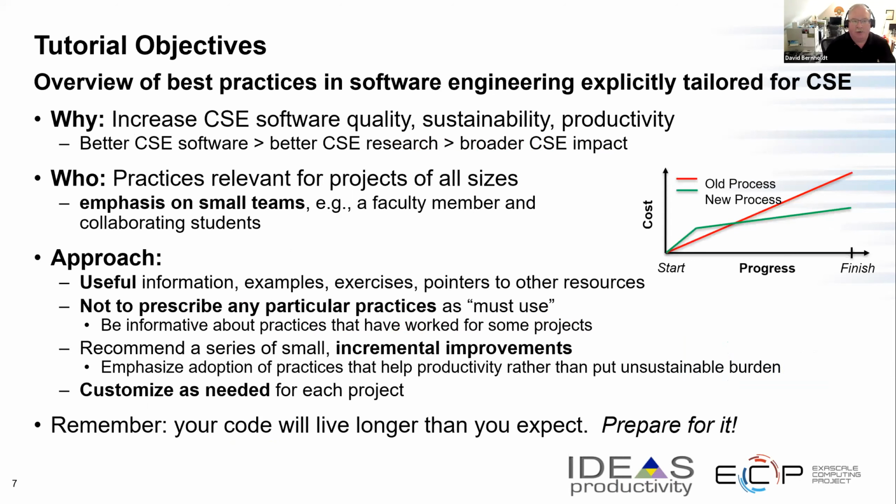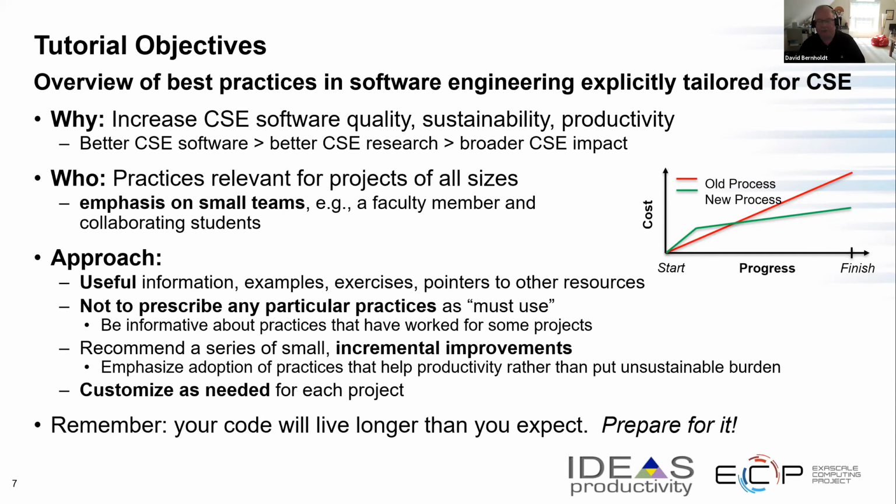The objectives for our tutorials are to talk about best practices in software engineering, explicitly tailored for computational science and engineering. We mean these to be generally applicable, but we try not to be dogmatic about it. We're trying to present useful information and examples and not prescribe anything necessarily as must use.